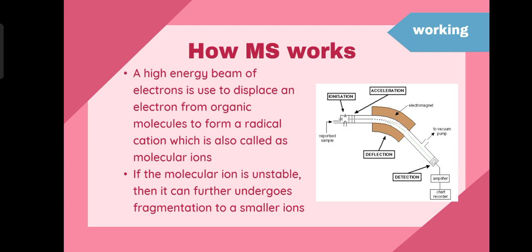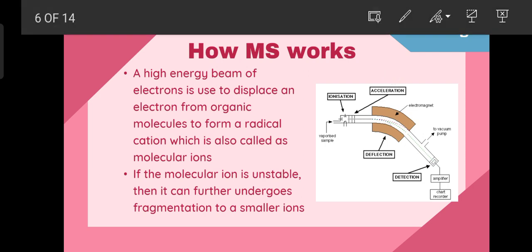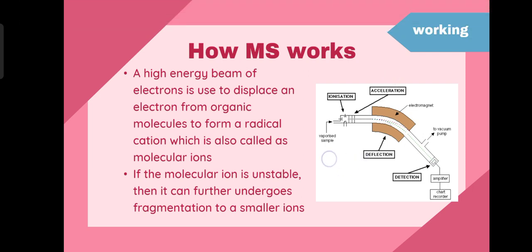Okay, so here what happens: as soon as the gas phase molecules, that is, the vaporized form of the molecules, approach the ionization chamber, as you can see in the diagram, the external electrons produced by the electron beam displace the electrons of that organic molecule, which results in the formation of the radical cation.